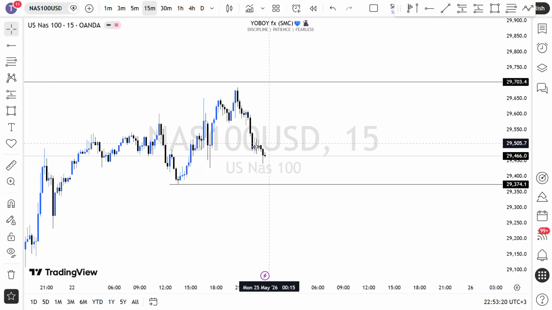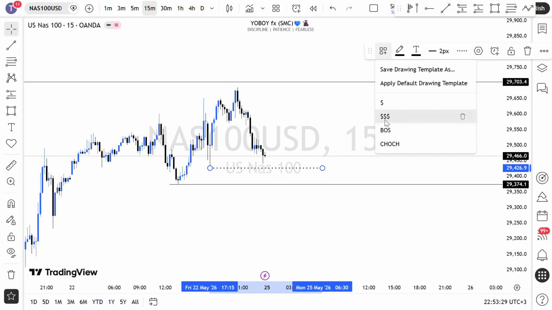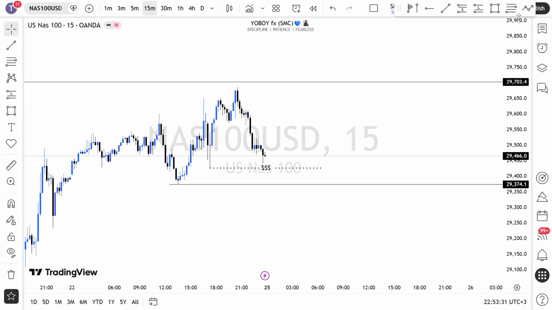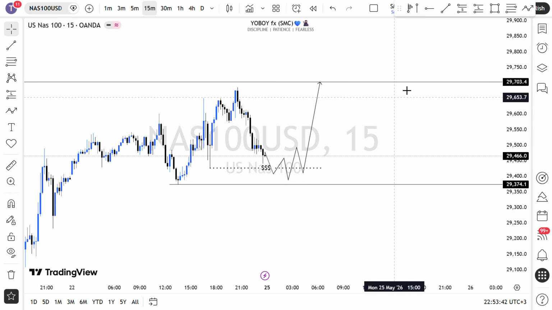So I need to see price coming down, take out this low, and then once price takes out this low as a liquidity, I'll expect price to have a market shift in structure to the upside, and therefore I'll need to see price doing something like this, and then I'll be taking my buys up to this external liquidity.